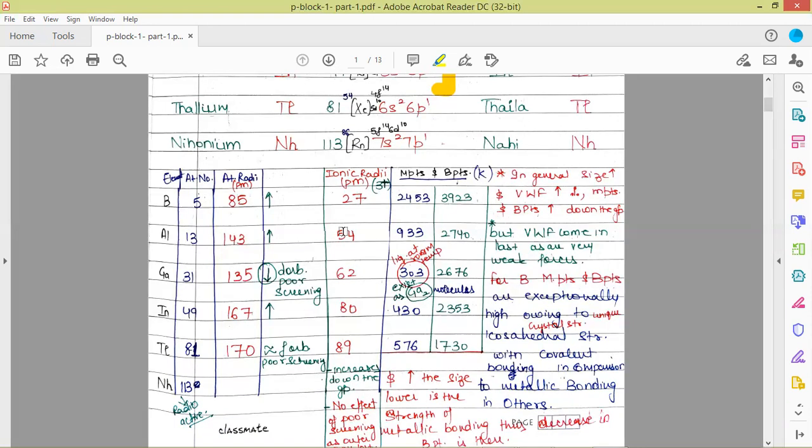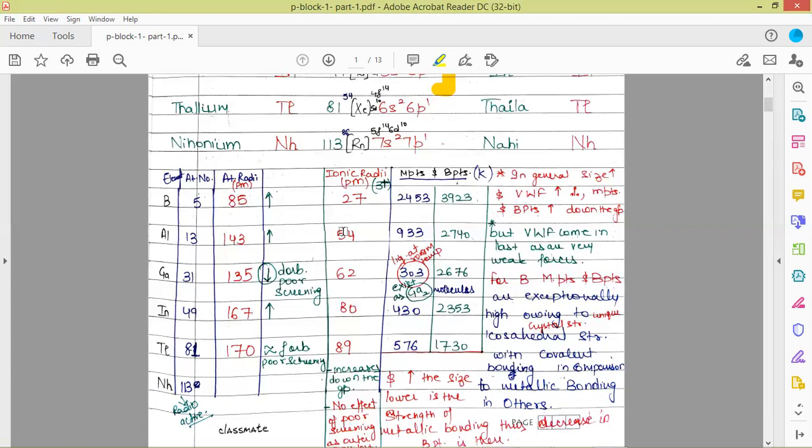And in general, for the other elements, as we move down the group, van der Waals forces are there between different elements. When there is an increase in size, van der Waals forces increase, and melting points would generally increase down the group. But here the bonding type is metallic bonding, and for boron it is covalent bonding. So that is why it is different from the van der Waals forces.